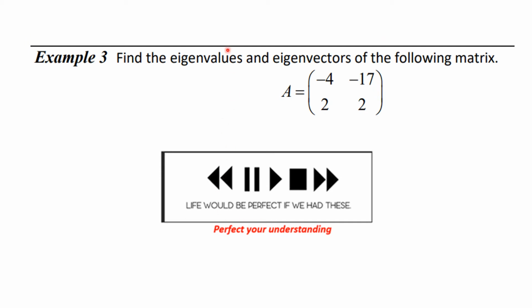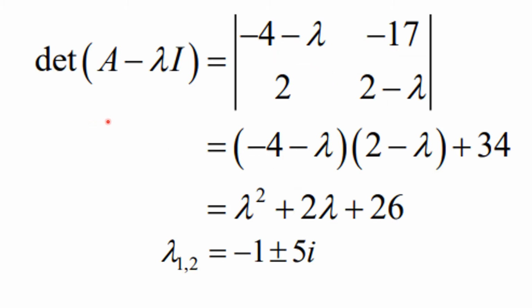Let's look at example 3. Here's a different matrix. You know what to do. Let's see how you did. Well, you do the characteristic polynomial again, do the calculation, but this time you find out that the roots are -1 plus or minus 5i.